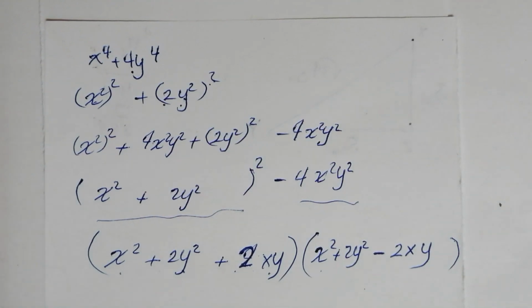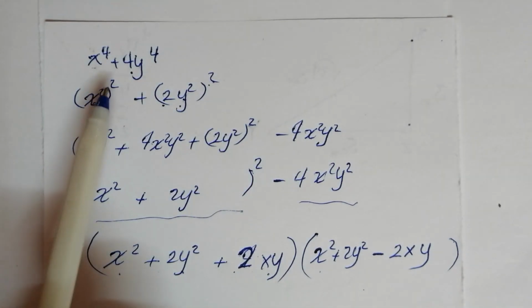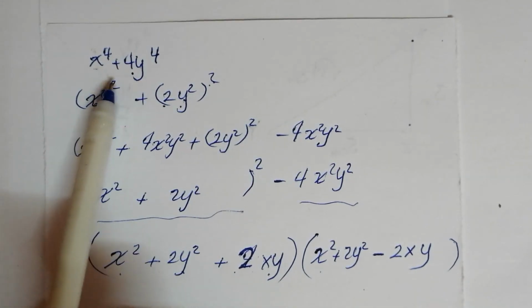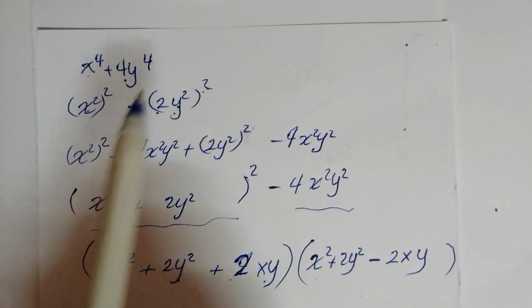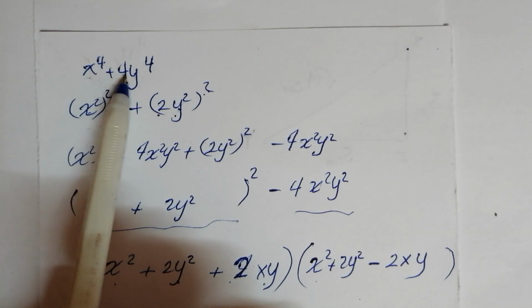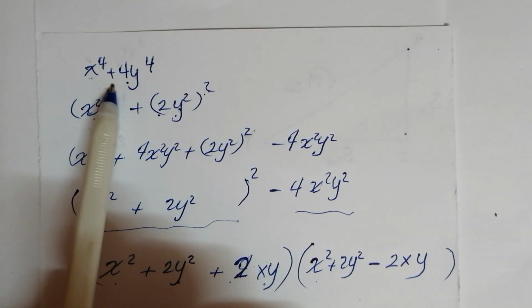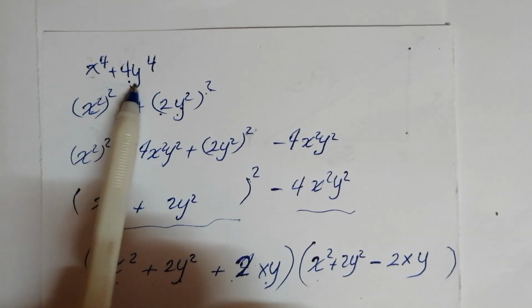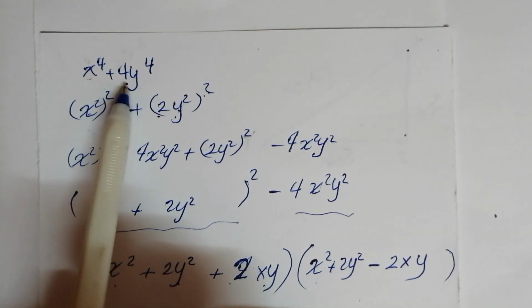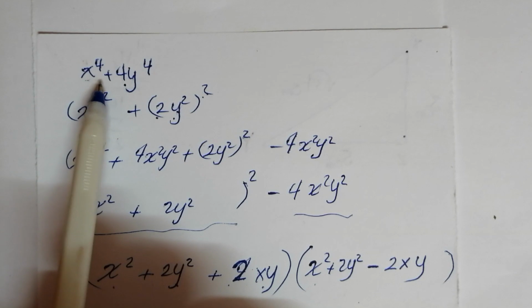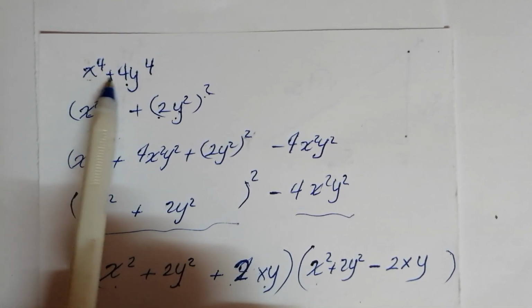x power 4 plus y power 4 is not a perfect square, and we want to complete it to become a perfect square. You may find in the exam the word factorize, and the question is x power 4 plus y power 4.